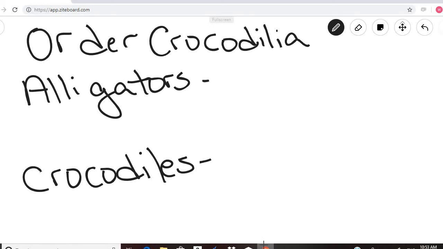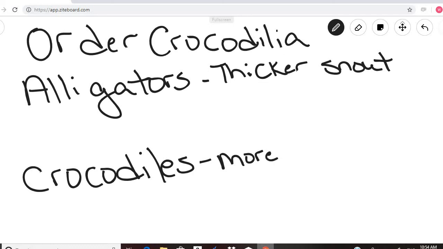What's the difference between them? Well, an alligator has a thicker snout and a crocodile has a more narrow snout. When an alligator closes its mouth, the teeth are inside, so you can't see the teeth.